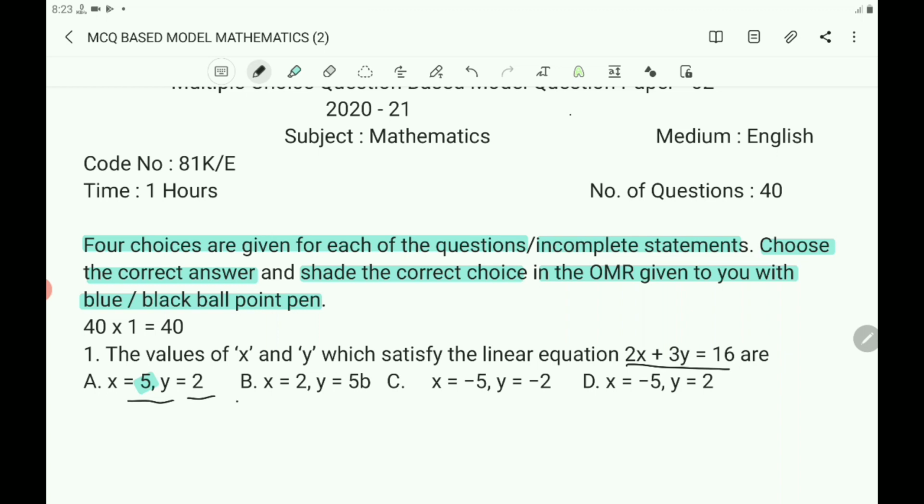So no need to check for the other 3 sets of pairs, as the first one you got the satisfaction. So option A is the answer, that is A, x equals 5, y equals 2.